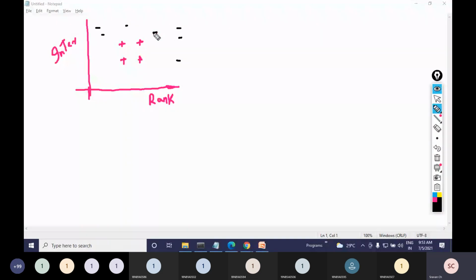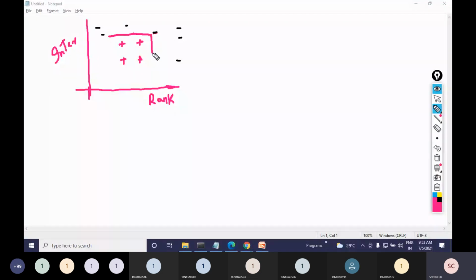Negative example means based on this particular rank and so and so intermediate marks, a student may not get a seat in our college, right? So let me try to represent this with a particular box. I'll say all the students who may get a seat in our college, right?